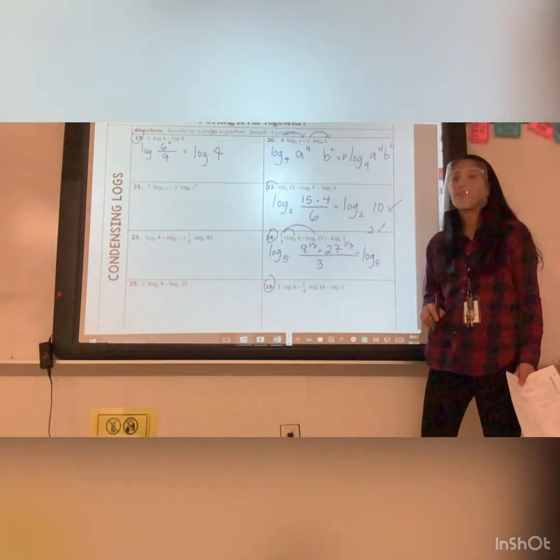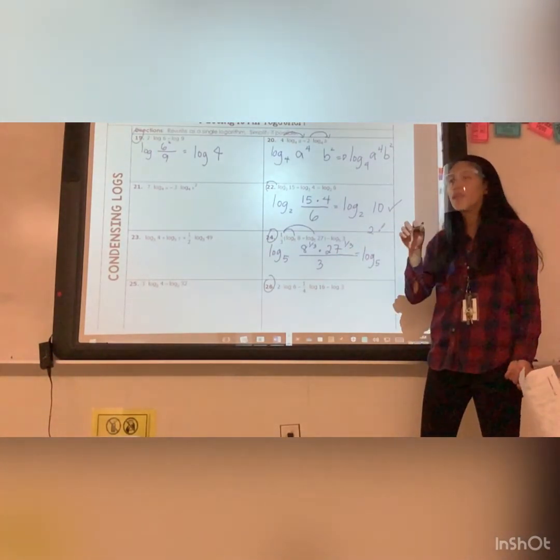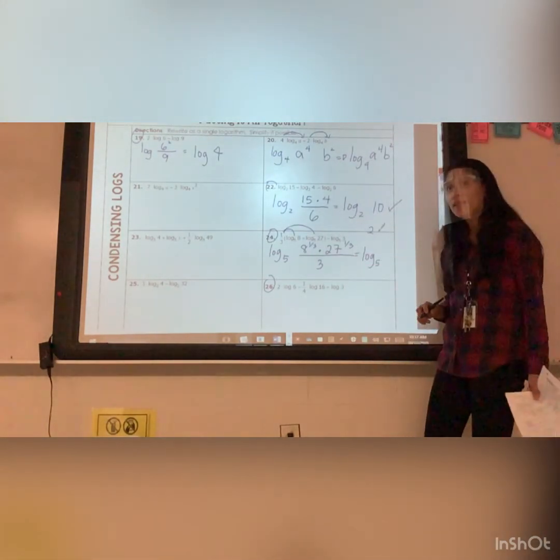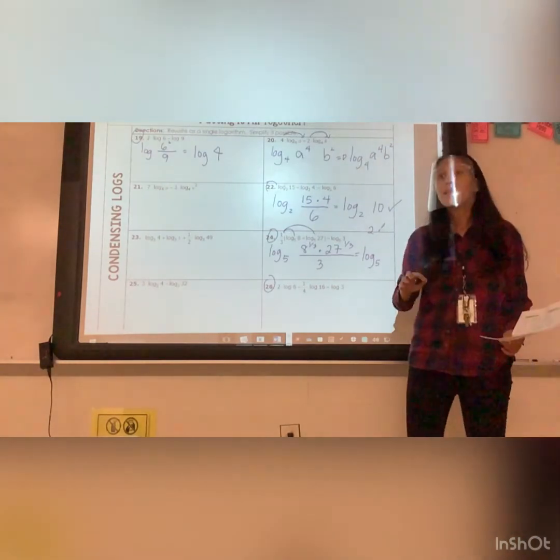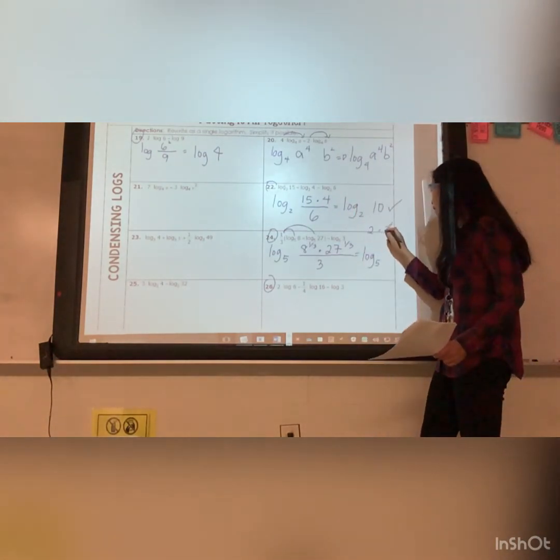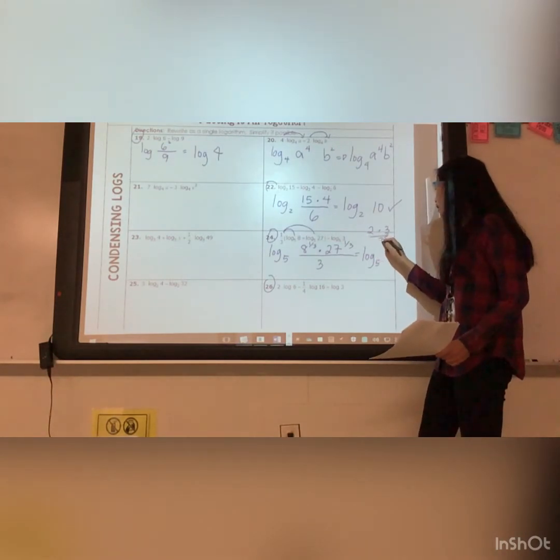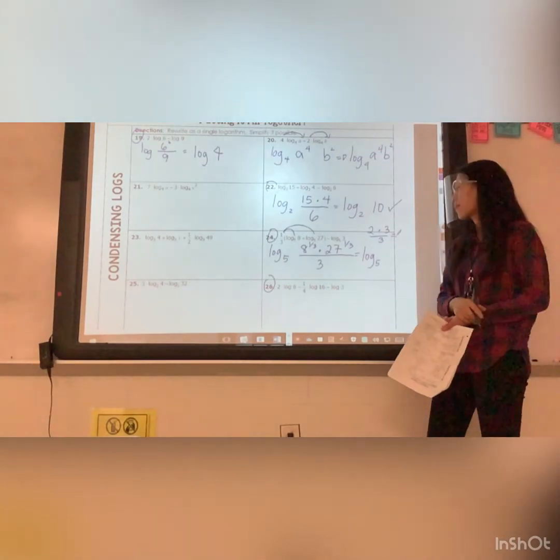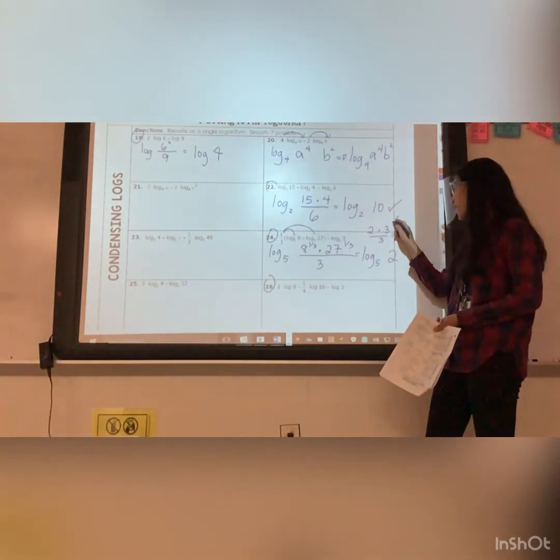Put it in your calculator, please. 27, and then the exponent, 1/3. So is it 9? Are you sure? 9 or 3? It's 3. And then divided by 3. So what is your answer here? 2. That's it. Because you can cancel this one.